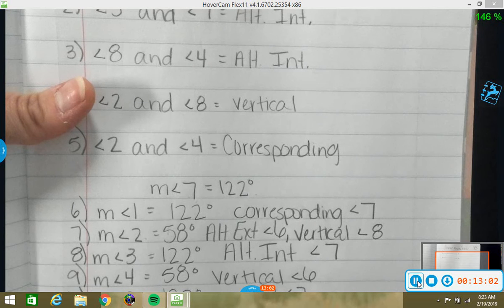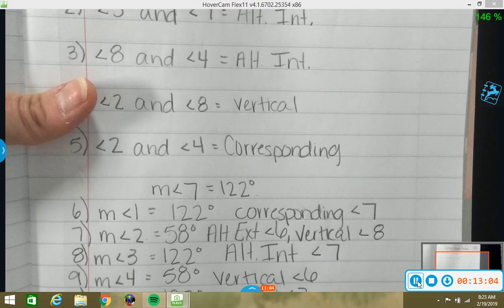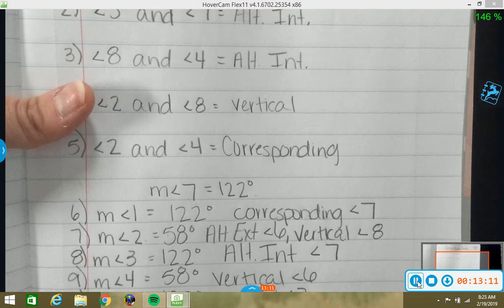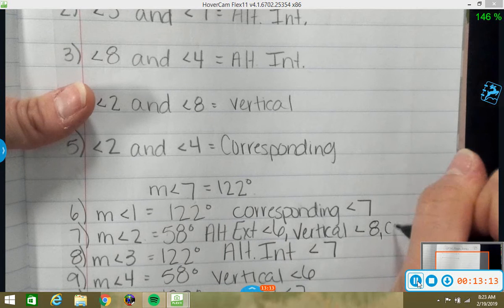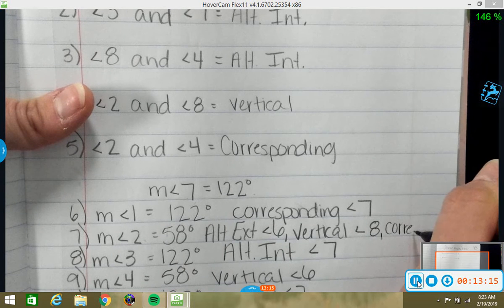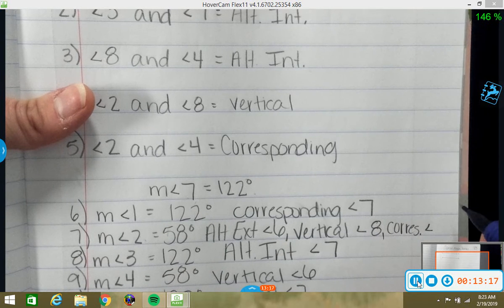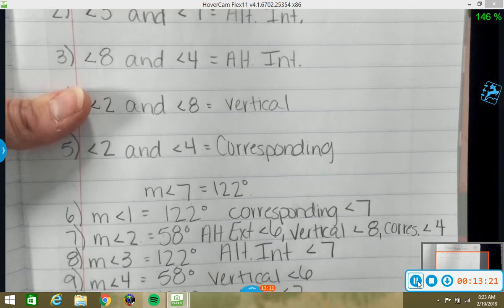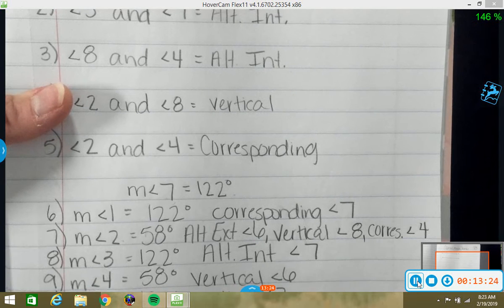So there's multiple. You could have also said it corresponds. Oh, we did say corresponds, didn't we? No, we didn't. It corresponds to what? Angle 4, right.